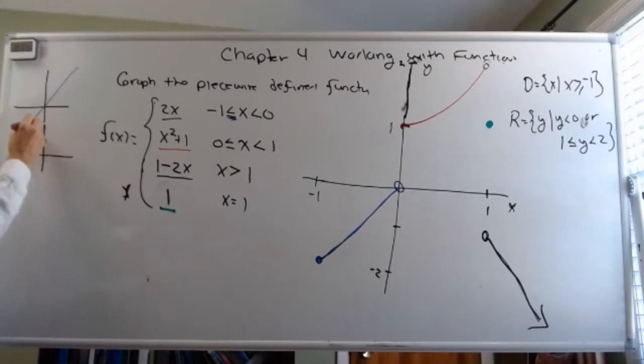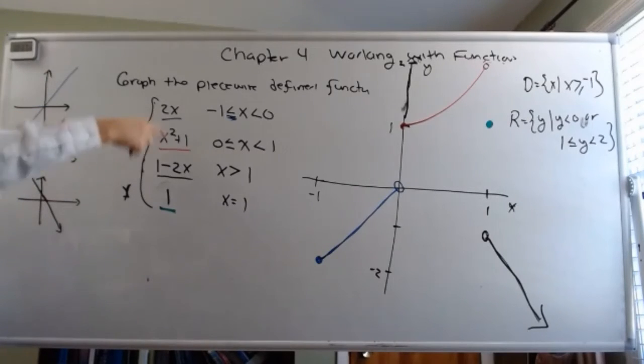At 1, and there's my parabola. And that's the line y equals 1 minus 2x. So it goes over here, 1 minus 2x, so it looks kind of like this. Goes through 1, then it goes through a half over here, and that's what that line looks like.